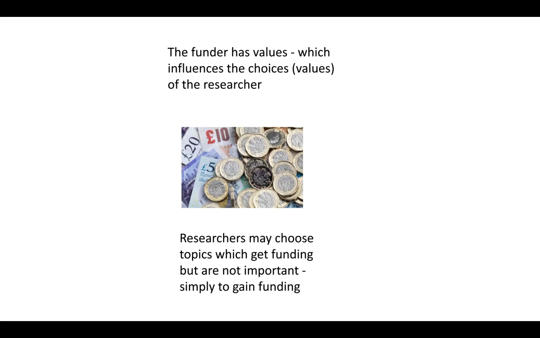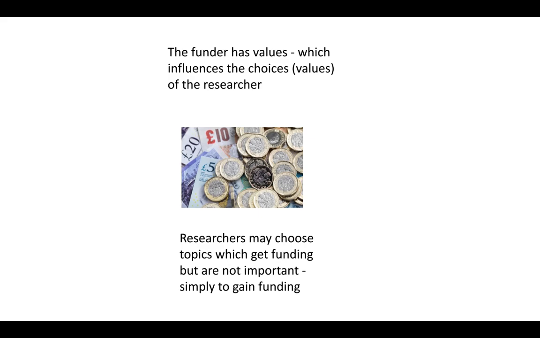Now that's a value. Preferring positivism is an opinion. It's a choice. So the researcher themselves is often the hostage of their funder. A person working in the government has to do what the government tells them to do when it comes to sociological research. And so the values of the funder determine the research itself.